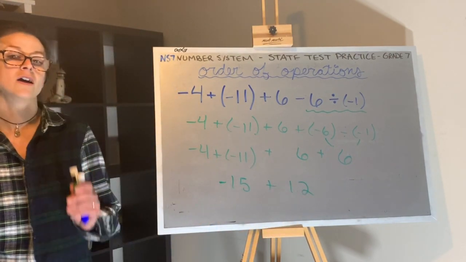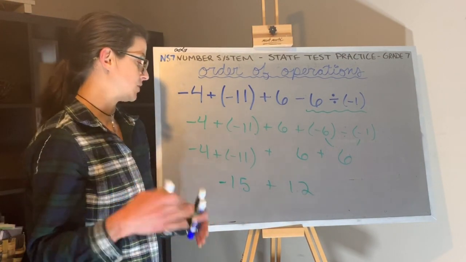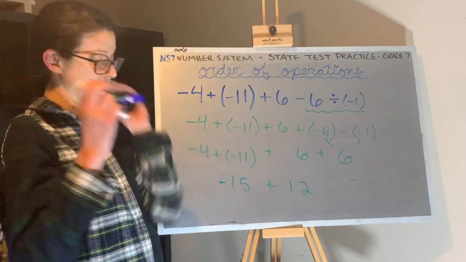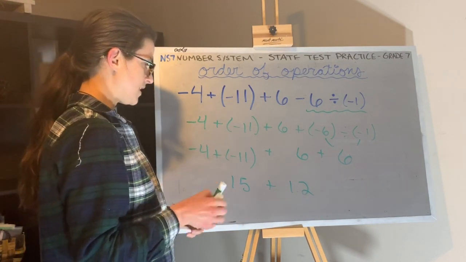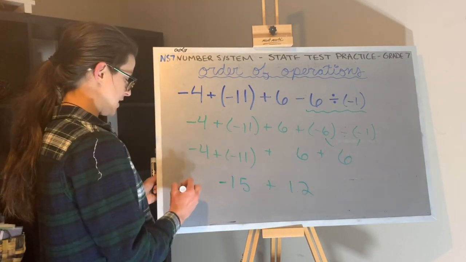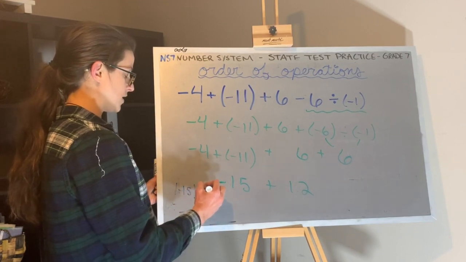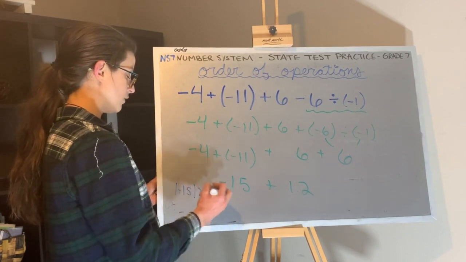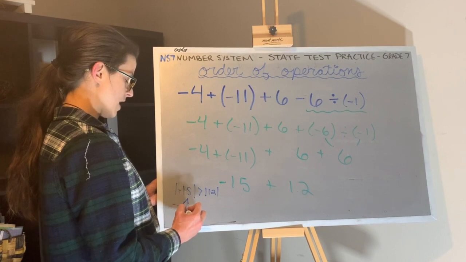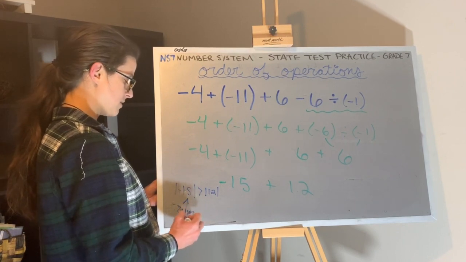Now I have the sum of two integers with different signs, so I need to think about absolute value here. The absolute value of -15 is greater than the absolute value of 12, so my sum will have a negative sign.